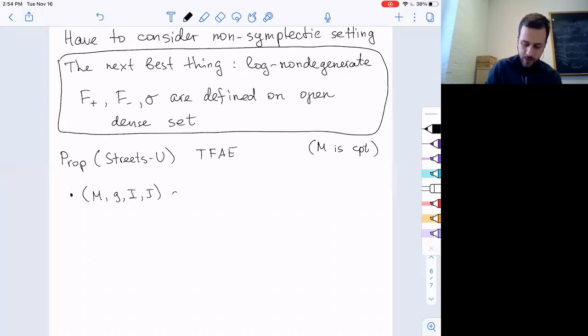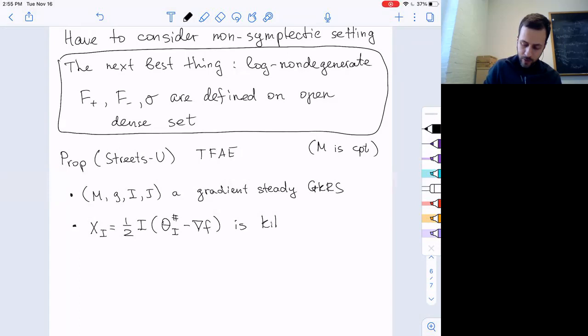This is a gradient steady generalized Kähler-Ricci soliton, and the fact that the vector field xi, which I define as one half I theta I sharp, minus grad f, is Killing and I-holomorphic.